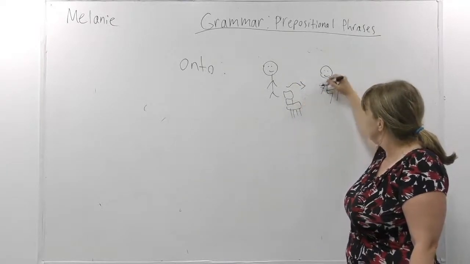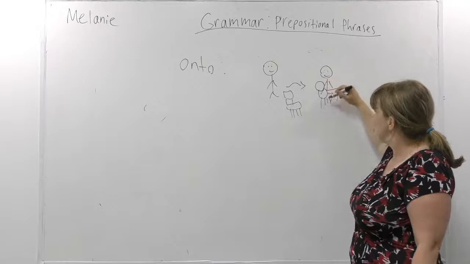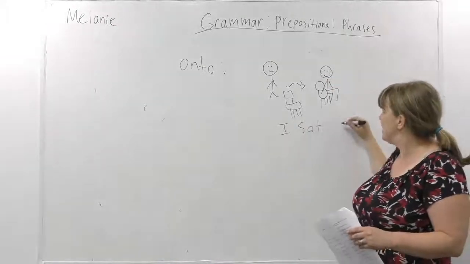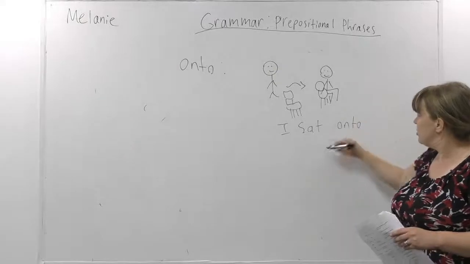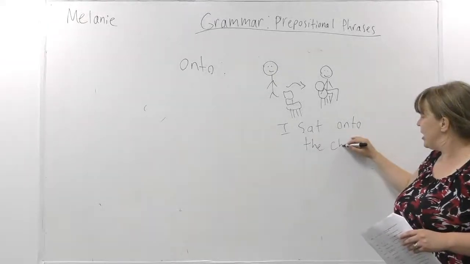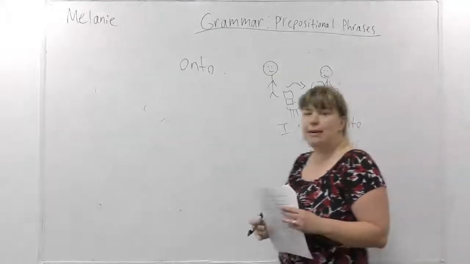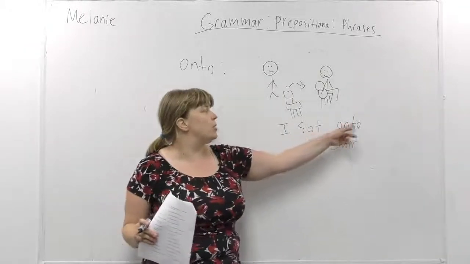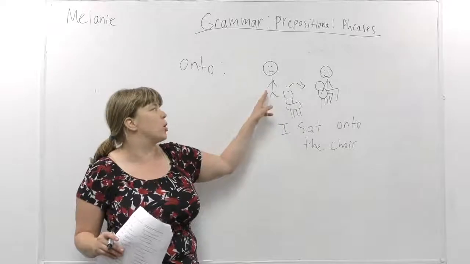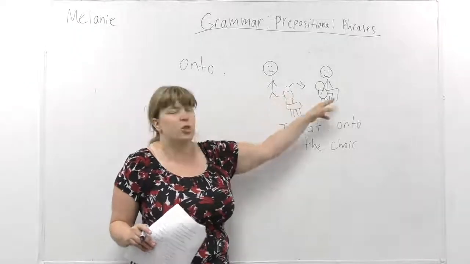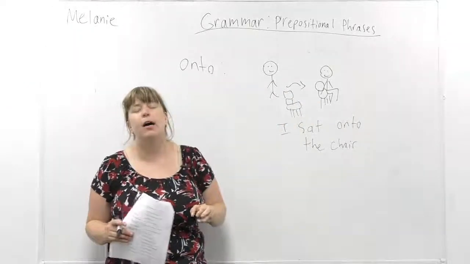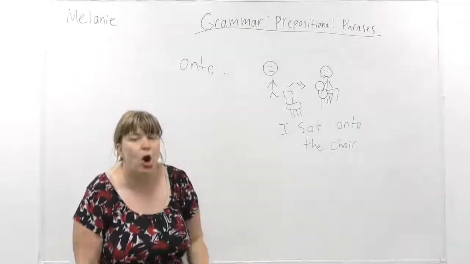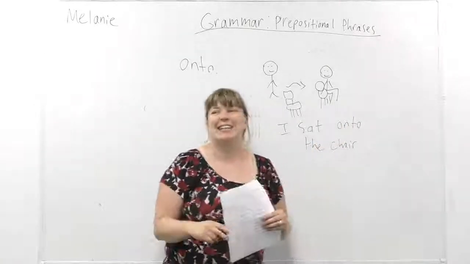And now you are sitting in the chair. So I sat onto the chair. So if you say sat on the chair, that's okay too, but onto is usually used when you are going from one action to another. Here's another example. Spider-Man jumped onto the building.